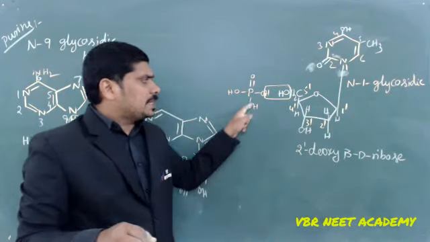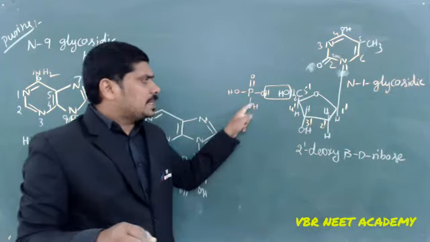This is the simplified version of the nucleotide I am going to write here. It's a ribose sugar with adenine, which means it is a nucleoside. Now this nucleoside has one phosphoric acid, so it is called a nucleoside monophosphate.